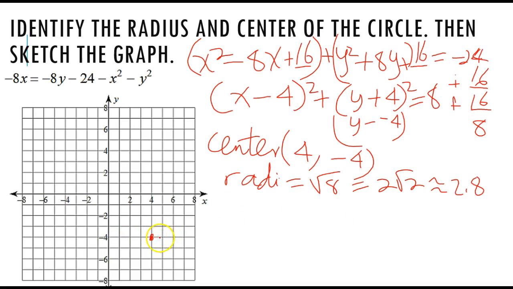From here we go 0, 1, 2, 2.8, close to there, and the same in each of the other directions, and again we try to sketch it. Oops. Okay, that's close.